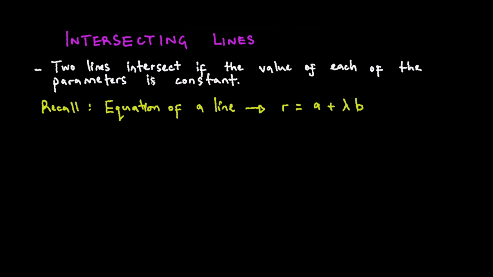When you remember, we said a is a point on the line, b represents the direction vector, then we also said this lambda tells us about the parameter.